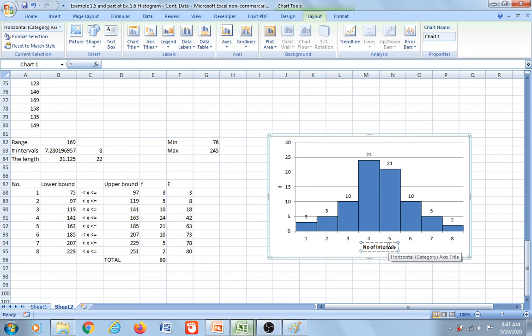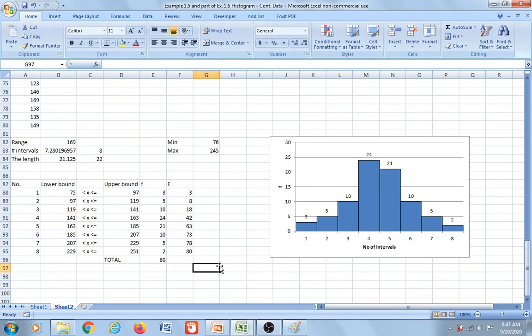The unit of that is just the number of the intervals. Okay, so this is the histogram.